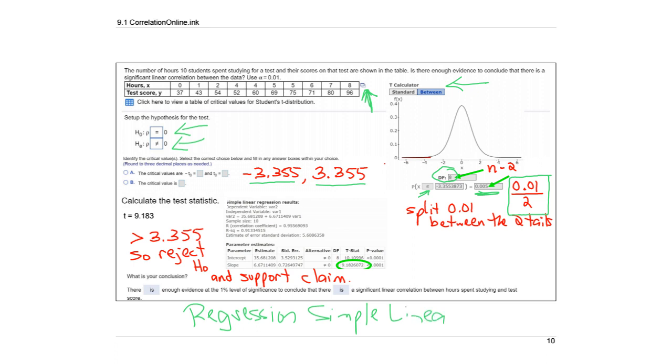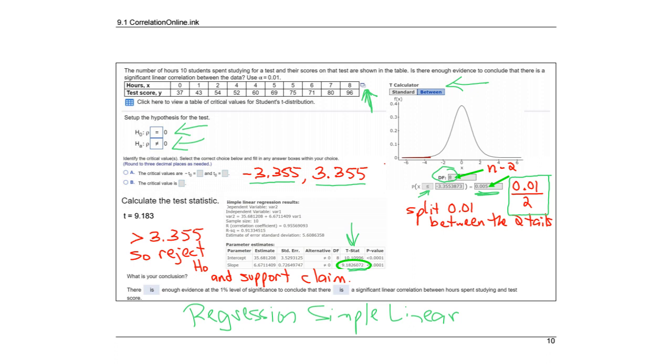I put the hours in for X. I put the test score in for Y. And notice if you come down a little bit after you hit compute, there's actually a test statistic here for the intercept and for the slope. We're going to use the slope. And so we're going to use this 9.183. That is the test statistic for the slope. And we're going to compare it to our data.